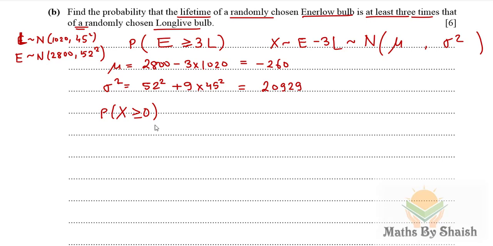It does not make any difference because we are dealing with a continuous distribution, where even a single value makes no difference. So it is the same as the probability of X greater than 0.